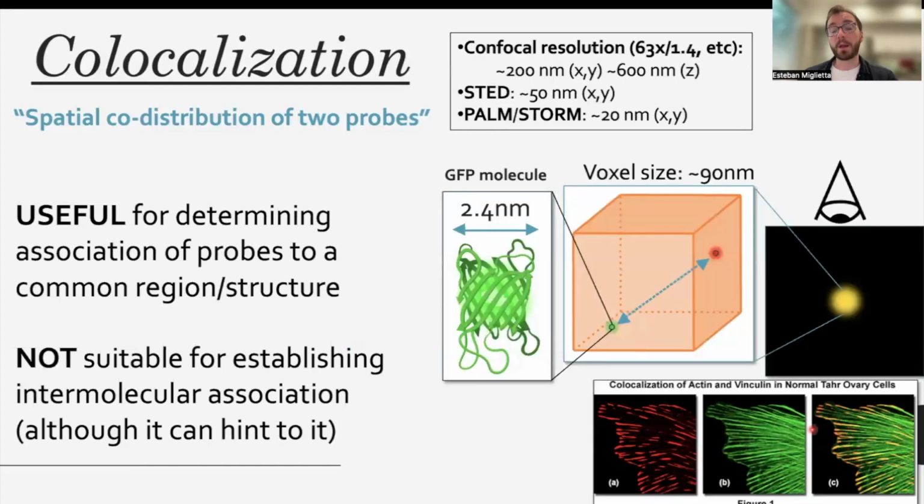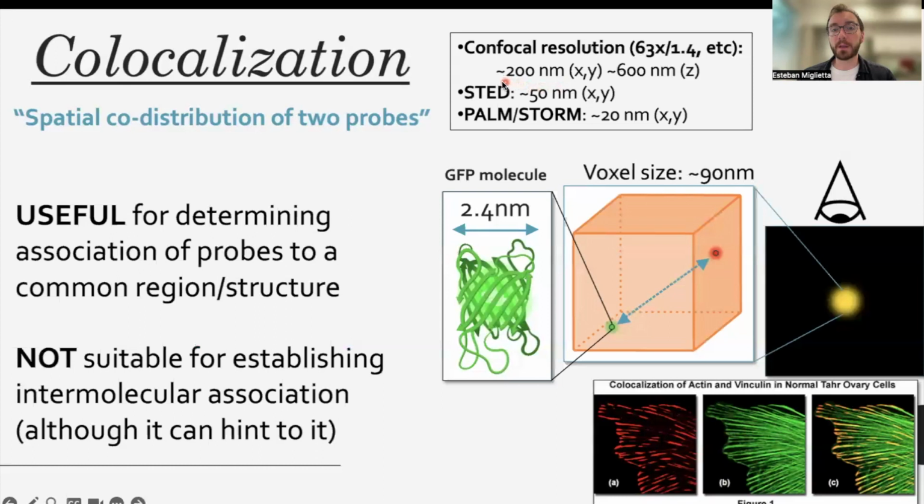Why is that? Well, it's a limitation of the resolution of the technique. If we are using a regular confocal microscope, let's say with a 63x and 1.4 numerical aperture, we will be hitting a resolution limit of about 200 nanometers in the XY axis and 600 nanometers in the Z axis.